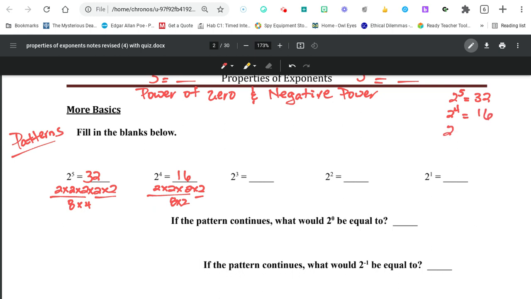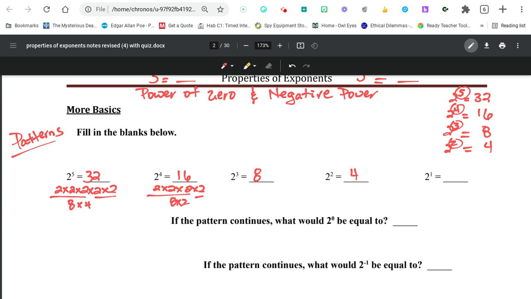Now, if I do 2 to the 3rd power, what is my answer going to change? In other words, notice that my exponent keeps decreasing by 1, but I still have the same base 2. But 2 to the 3rd power, we know is 8. 2 to the 2nd power, 2 squared is 4. So the pattern on my exponents is I'm keeping the same base, but my exponents are decreasing by 1.